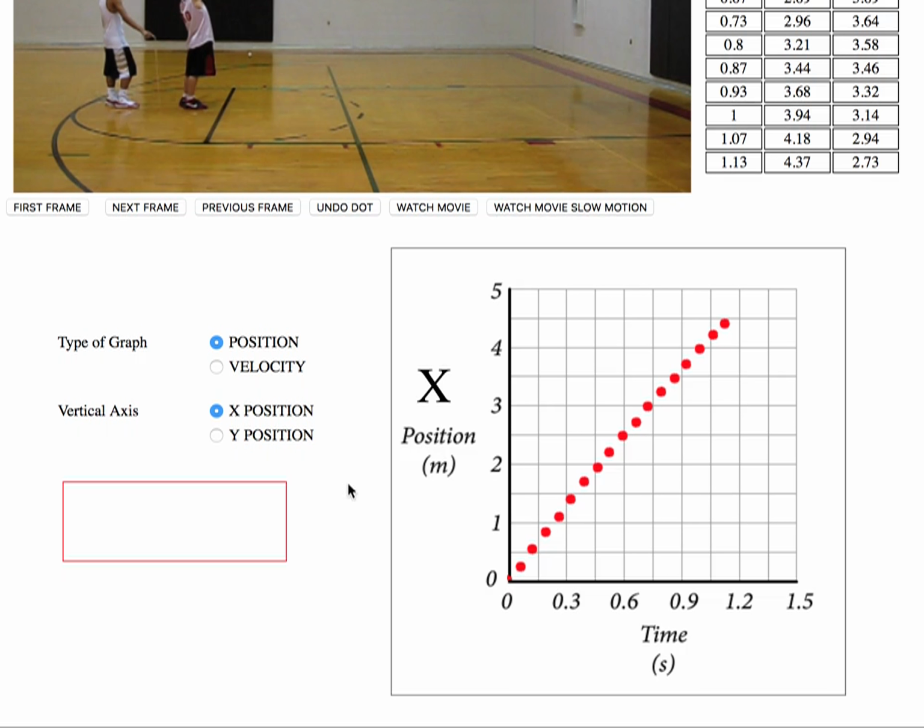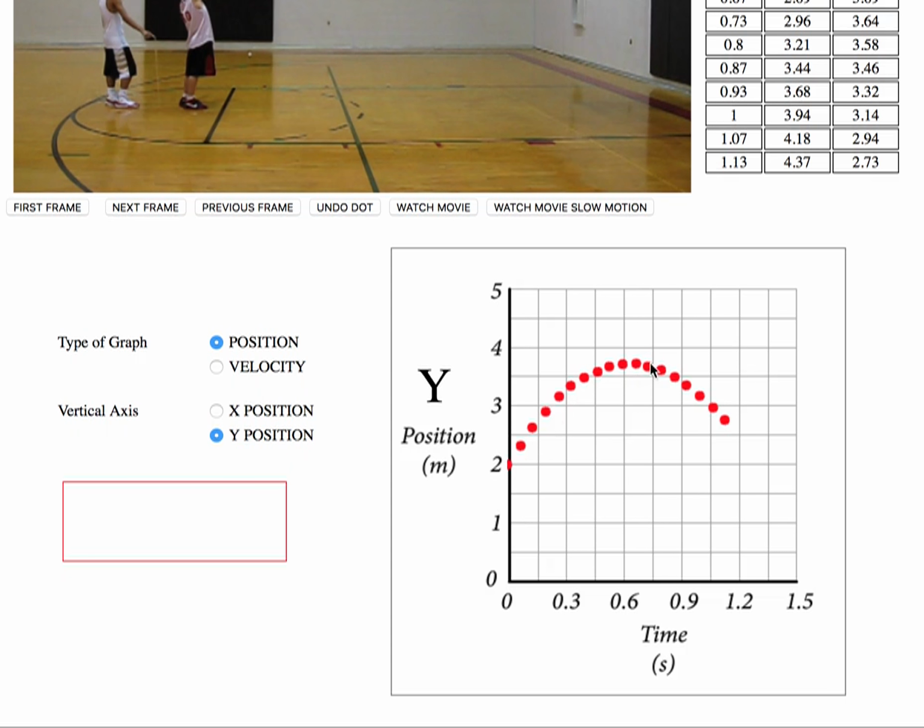This graph is only showing half the story. There's also the Y dimension to look at. So I'm going to switch over to the Y dimension, and notice the graph that forms is a completely different shape. You don't have to copy down all the exact numbers, but I do want you to notice that the graph starts with an initial height of about 2 meters, and then the dots go up, forming a rainbow, and then they come back down.